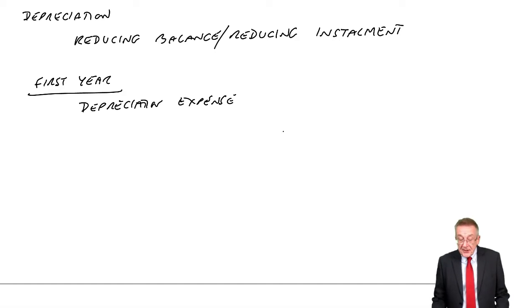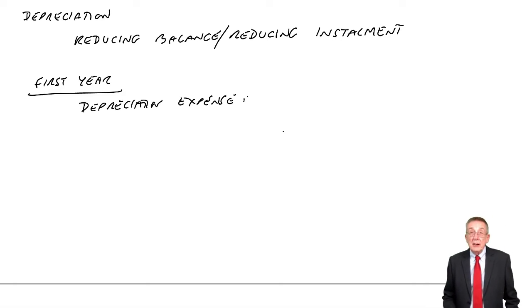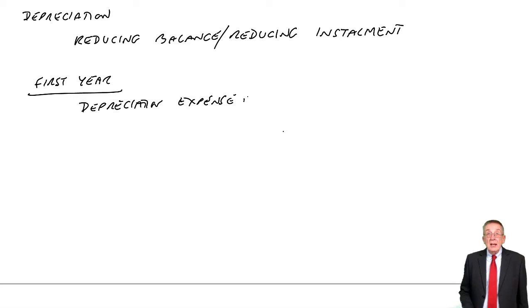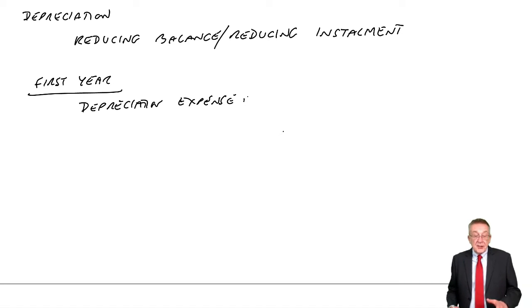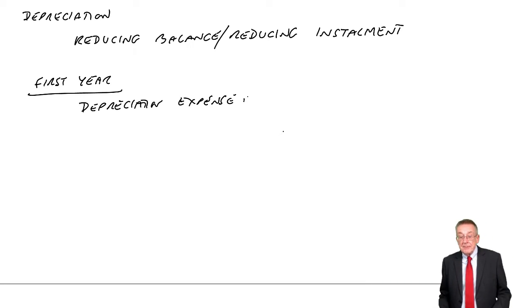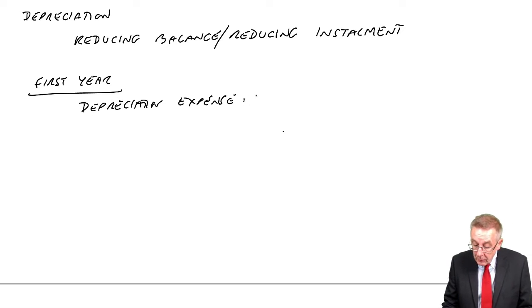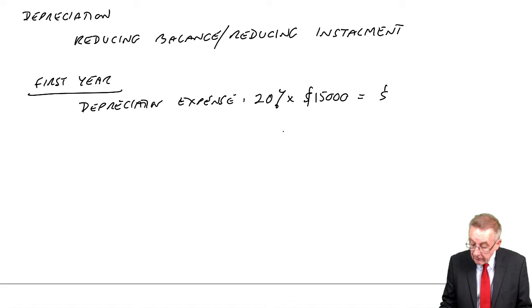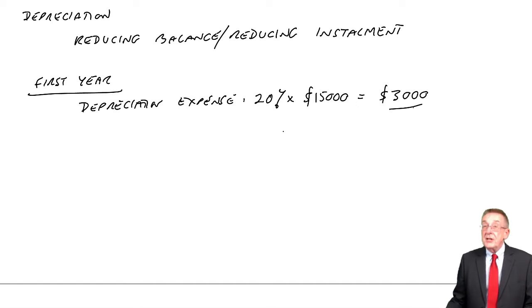We take 20% of the value of the machine. You've only just bought it, it cost 15,000. So the expense will take 20% of 15,000, which is 3,000.